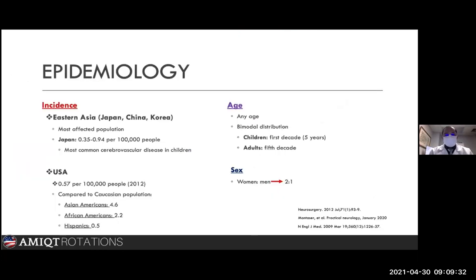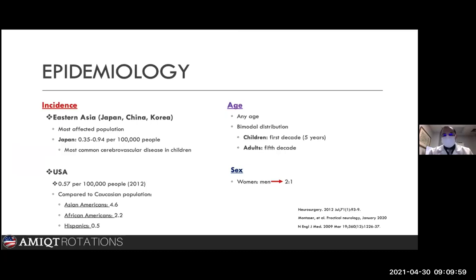Regarding the epidemiology, this condition is more frequent in Eastern Asian populations, especially in Japan, China, and Korea. For example, in Japan, the estimated incidence is between 0.35 and 0.94 cases per 100,000 people. And it is the most common cerebrovascular disease in children in this population.